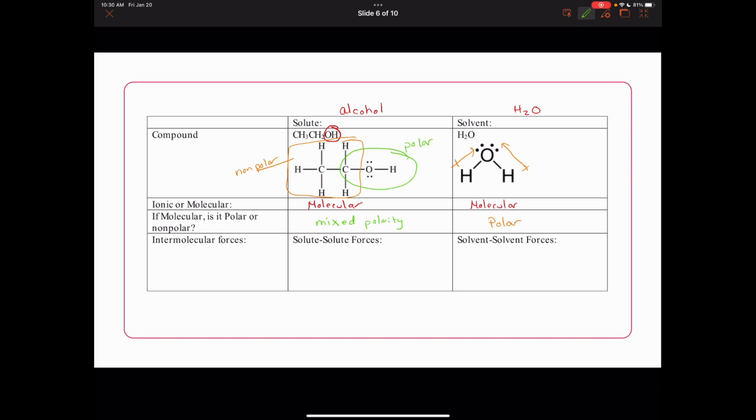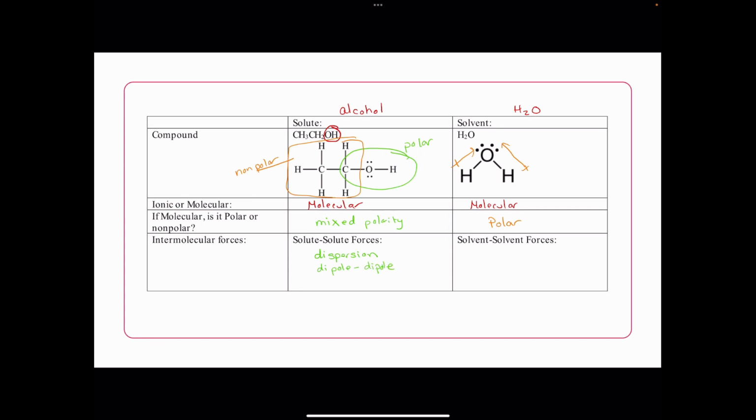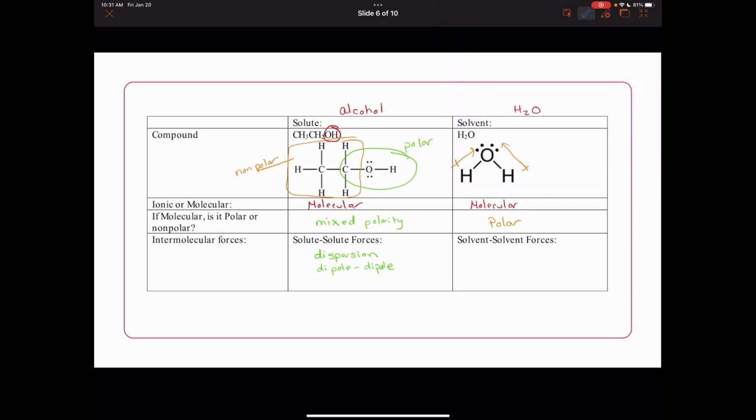So when we look and see what intermolecular forces we have, solute-wise, it is dispersion. Because of that polar region, we can have dipole-dipole. And then I have the oxygen-hydrogen bond with the lone pair.